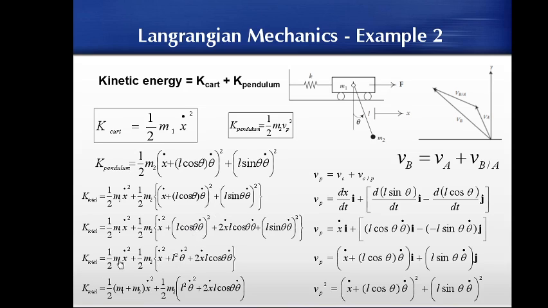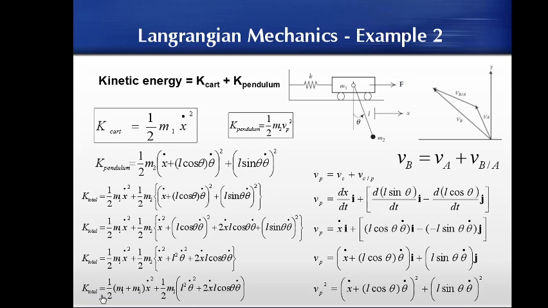Okay, so I can replace this big equation like this. K total is equal to half m1 x dot square plus half m2 into x dot square plus L square into theta dot square. Okay, the cos square term and sin square term, when summed, is equal to 1, plus the remaining term, that is 2 x dot L cos theta into theta dot. Now here you can see that there are two terms of x dot square, so we can combine these two terms.